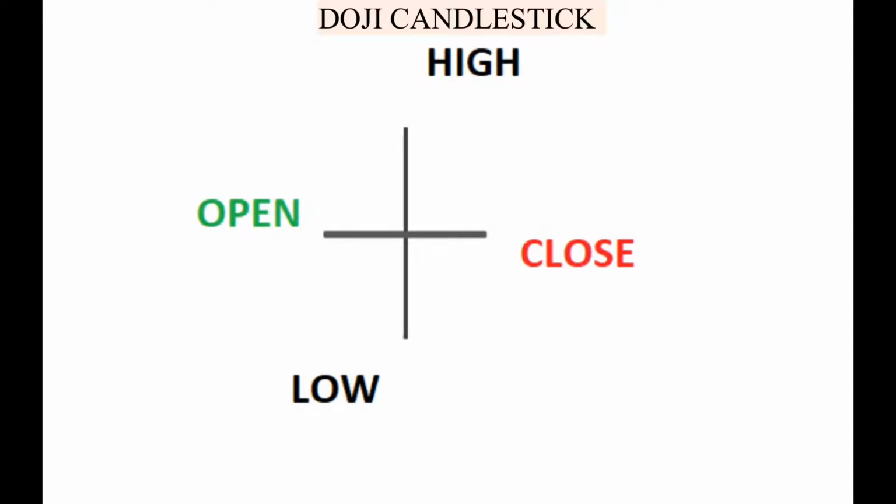Neither buyers nor sellers are in control of the market, and so we wait till we see the next candlestick formed. Wherever the next candlestick closes, whether bullish or bearish, that is where the direction of the trend is going to go. I'm going to show you that in the next slide.